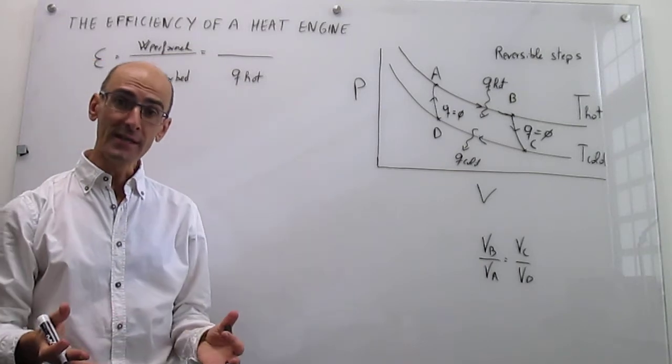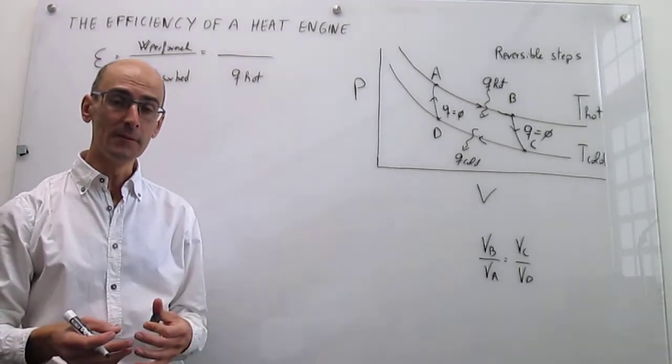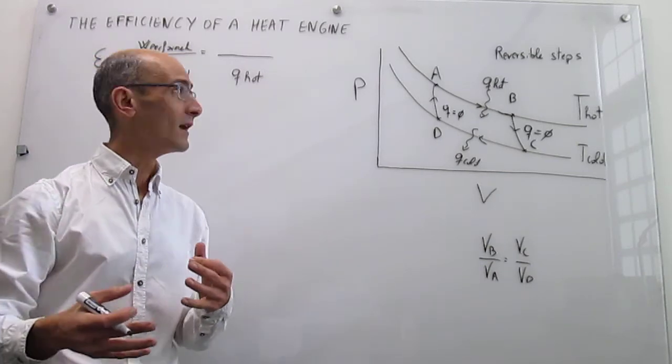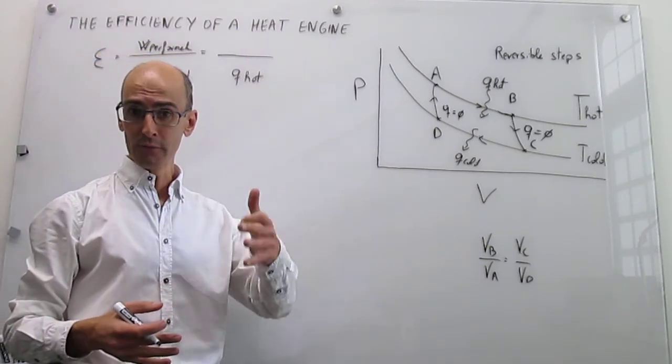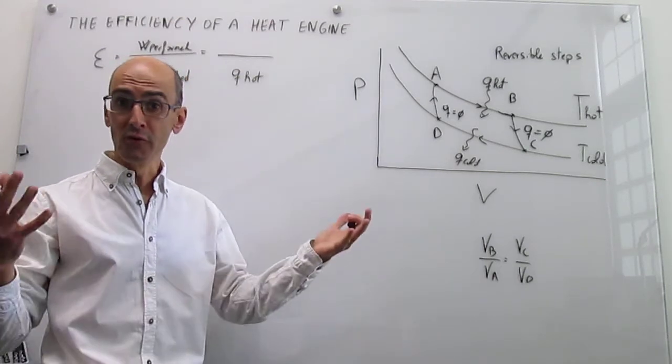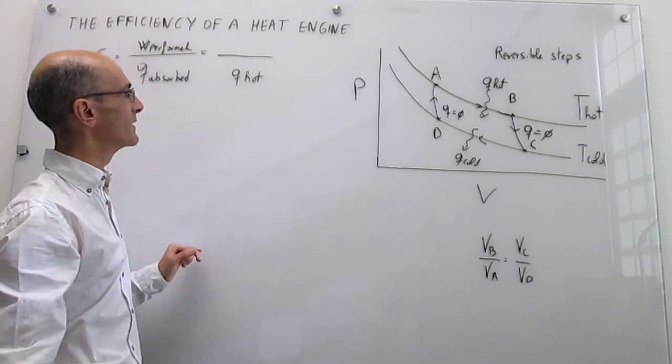And then work is performed in all 4 steps of that cycle. So we actually have to add up the work of the 4 steps in the cycle to be able to compute the overall work that is being performed by the system.